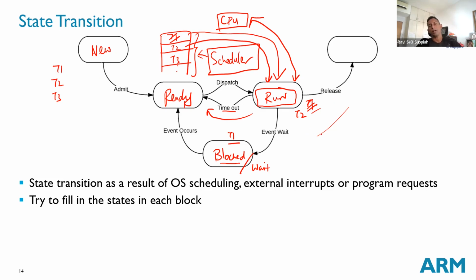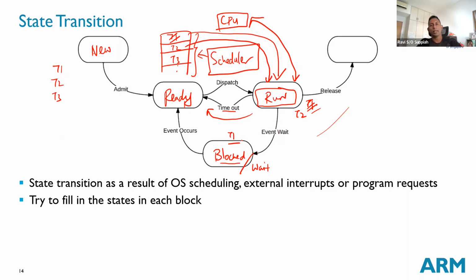Now while task 2 is running, suddenly T1 becomes available. When that happens, can it straight away go to run? If you look at the flow of the arrows, you can see that there is no arrow from block to run. It only goes from run to block, and from block you can only go to ready.